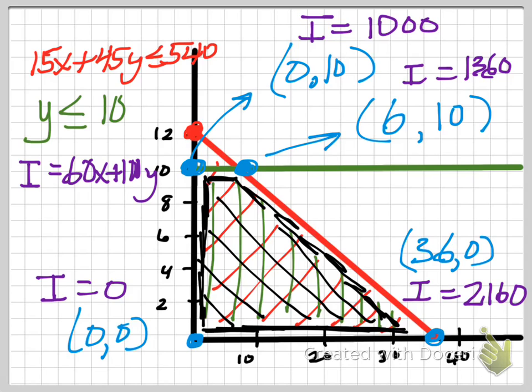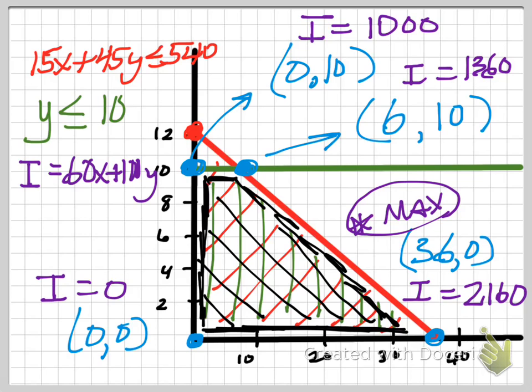The question was, what combination of appointments should the doctor take to maximize income? It looks to me like the maximum is occurring at the point 36, 0, with an income of 2160. X, if you remember, was office visits, and Y was physicals.